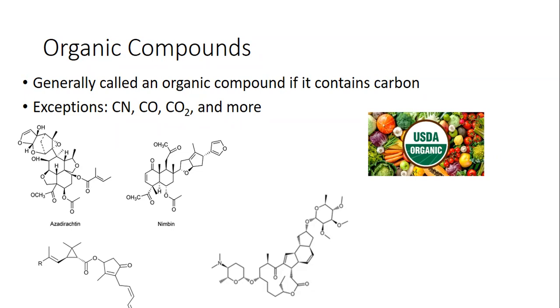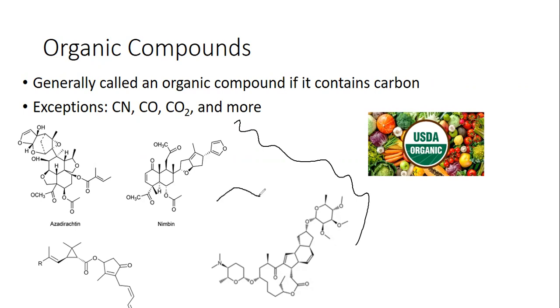Those of you who like organic foods, or ever wondered what the label organic means? Usually it means that the pesticides they use are organic. I'm showing you 4 examples of organic pesticides here. I know you're not used to looking at complex chemical structures.